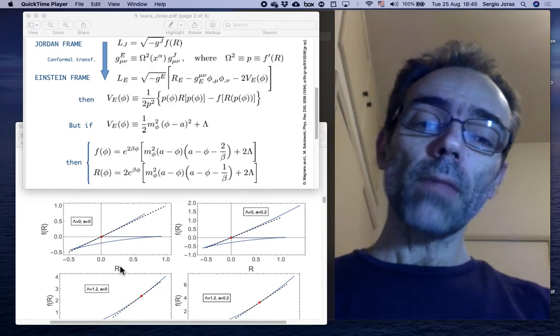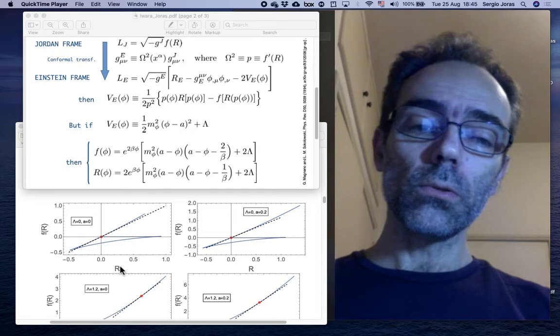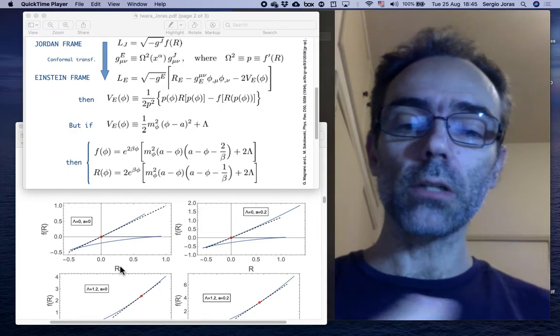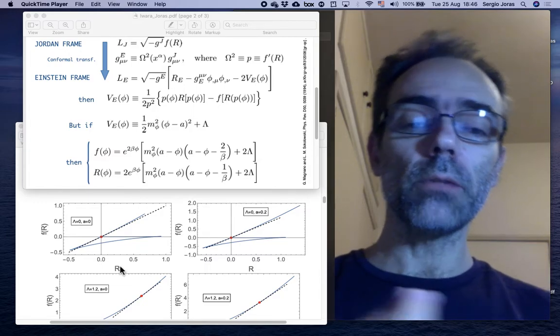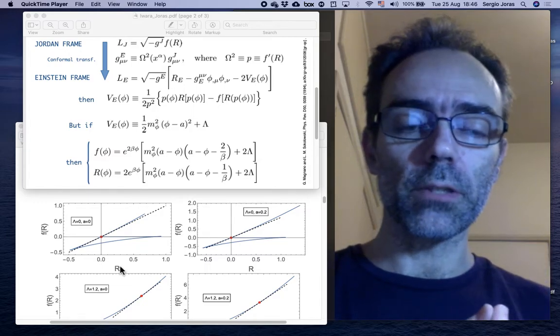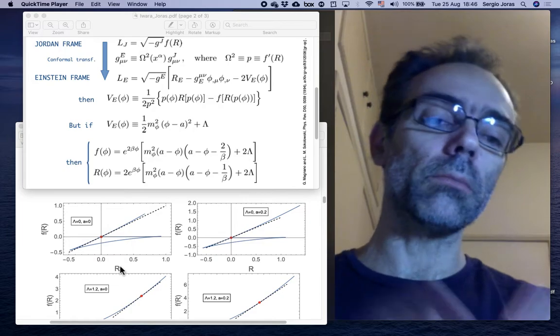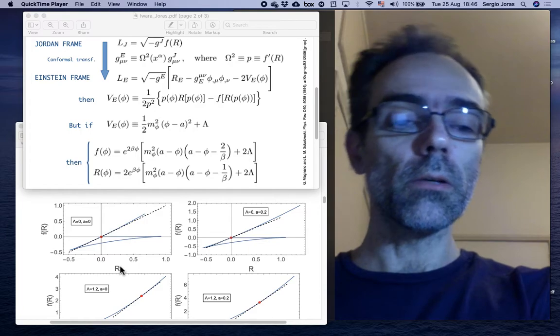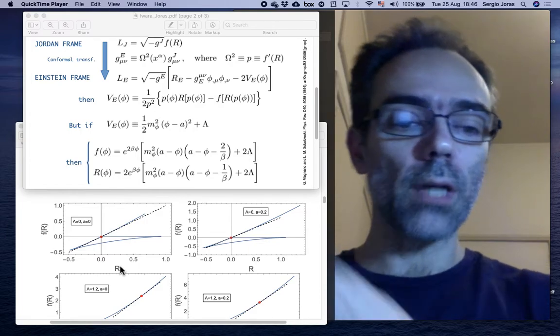And then, when the system goes close to the bottom of its potential, it starts to oscillate around it, and then it will eventually stop at the bottom of its potential because of the friction caused by the expansion of the universe. So in the first stage, the system is slowly going down the hill.